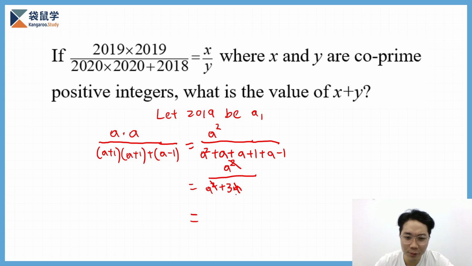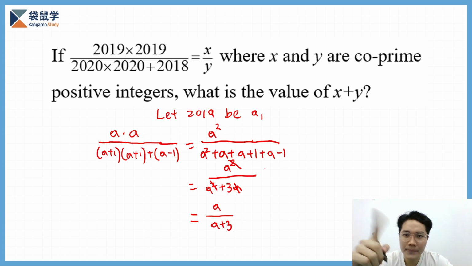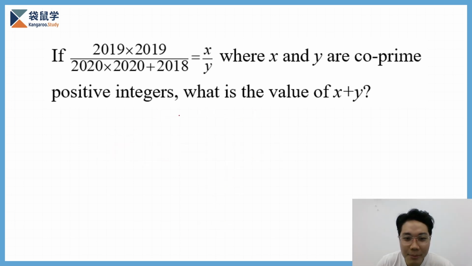So what we end up with is a over a plus 3. Here we have also found out that the pattern is the first number, and the denominator is the first number plus 3. Now we know it simplifies to a over a plus 3.